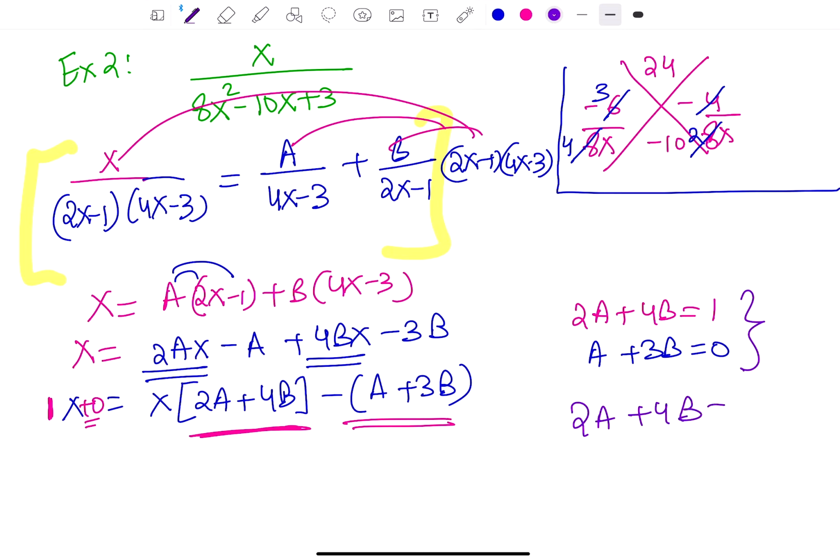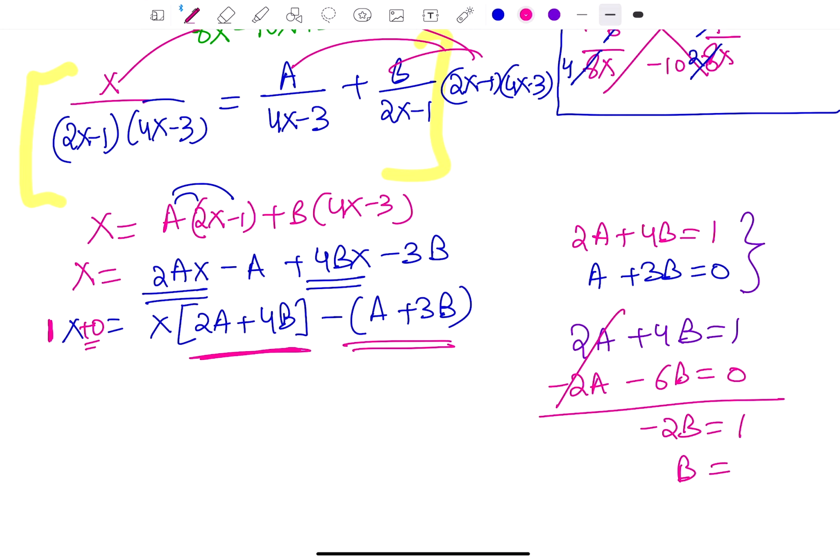The first equation remains the same. The second equation, if I multiply by negative 2, gives me negative 2A minus 6B equal to 0. We can cancel this, and it turns out to be 4 minus 6, negative 2B equal to 1. B equals negative 1/2. So we just found B, which is negative 1/2.